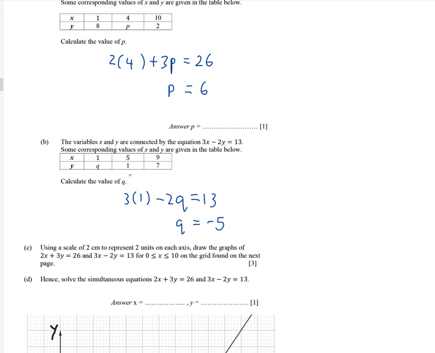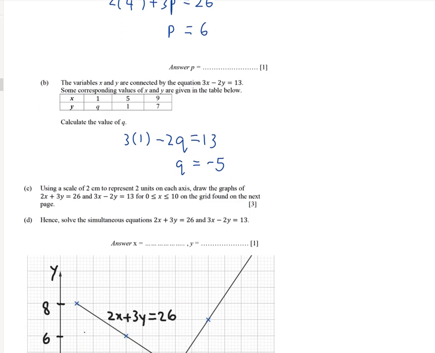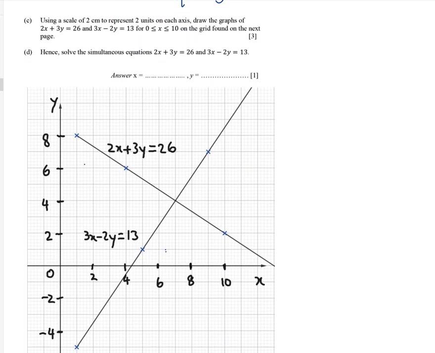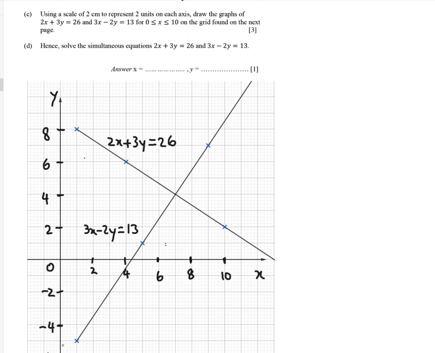So, no, the smallest is negative 5. So we need to draw our graph from negative 5 to 8 on the y-axis. There are no negative x values. And we plot the points using an x.